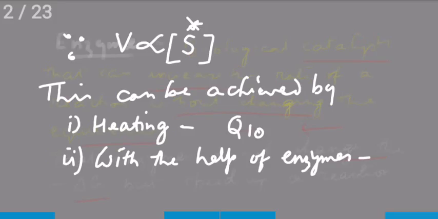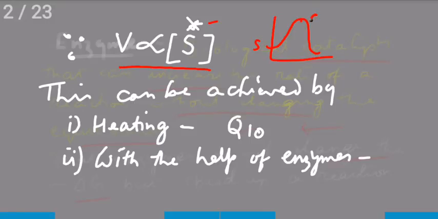Next, the rate of the reaction V is directly proportional to the transition state of the substrate, S asterisk. In every enzyme substrate reaction, the substrate remains in a ground state. When it is converted into a product, it is first converted into a transition state.